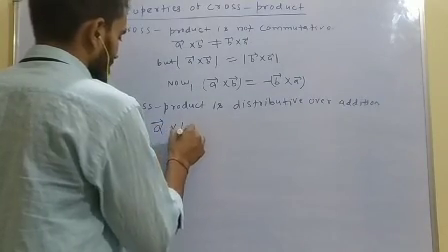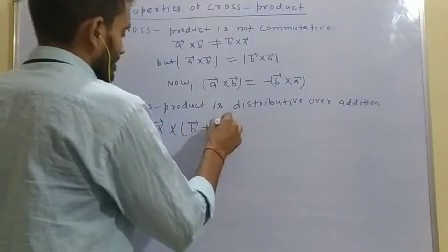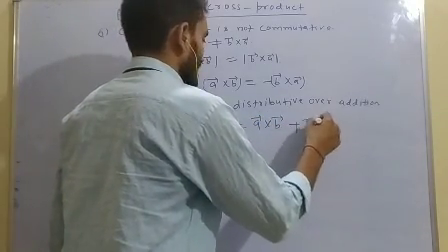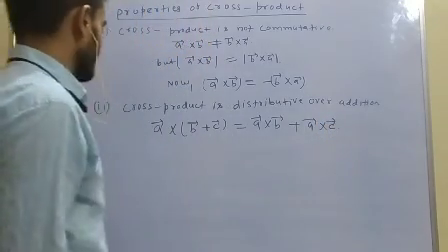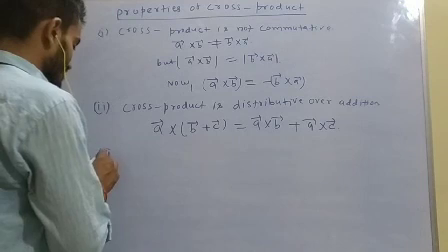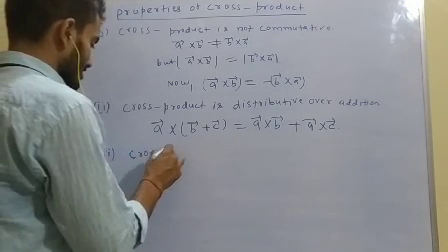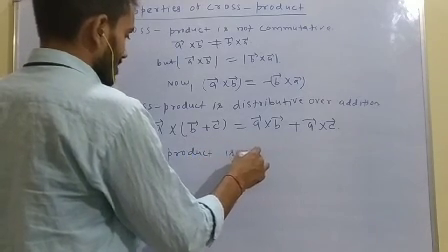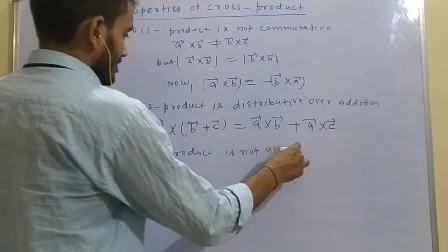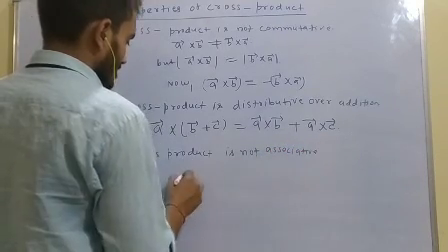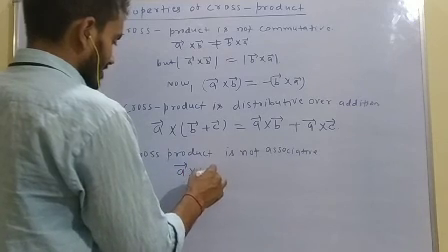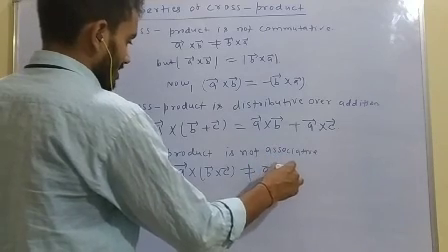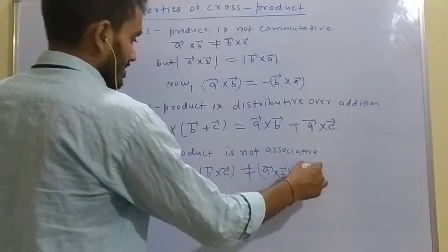Vector A cross, vector B plus vector C, equal to vector A cross vector B plus vector A cross vector C. Third, cross product is not associative. Vector A cross vector B cross vector C not equal to vector A cross vector B, cross vector C.